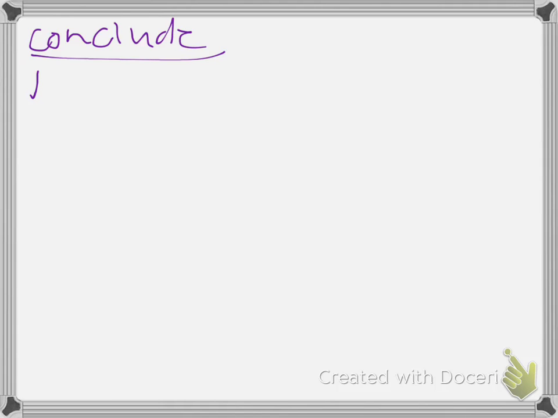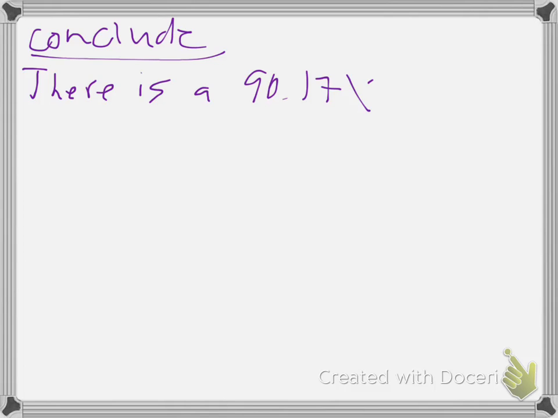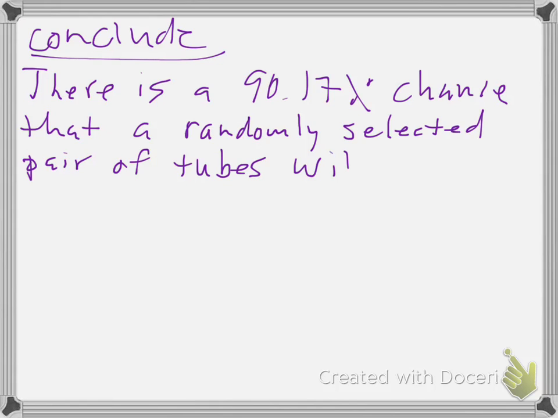So we have calculated that there is a 90.17% chance that a randomly selected pair of tubes, pair meaning both of them, will fit properly.